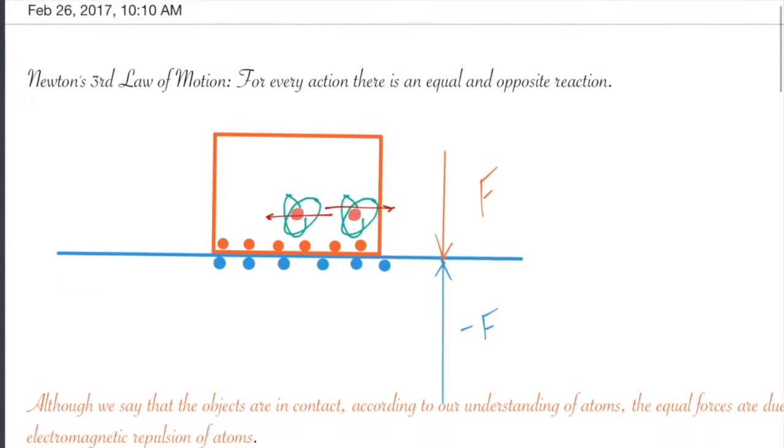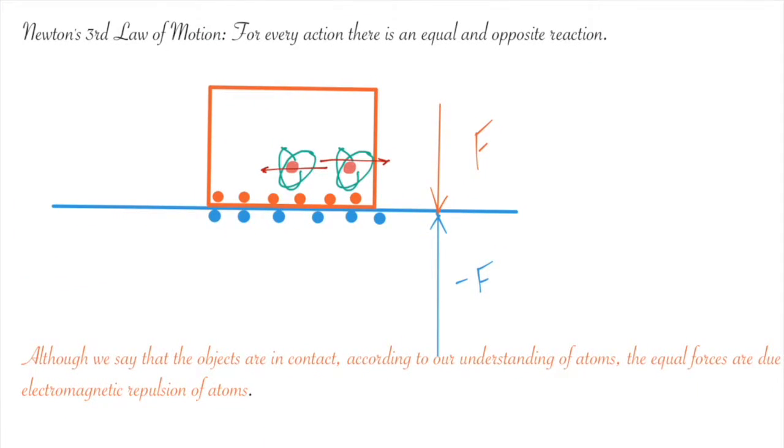Hopefully that makes a little more sense now as to how there is an action and an equal and opposite reaction. That is different from field forces like gravitational force. Gravitational force is its own field force as compared to electromagnetic force, which is also its own field force.